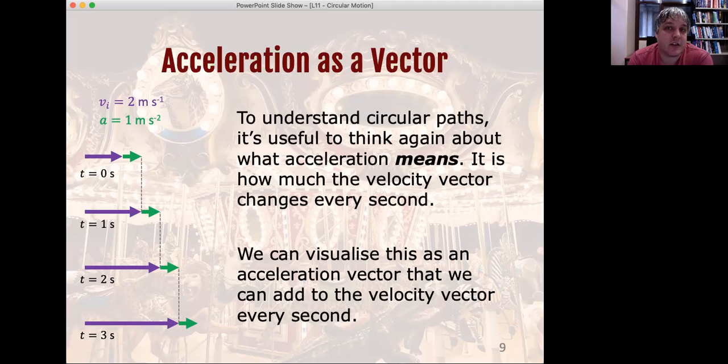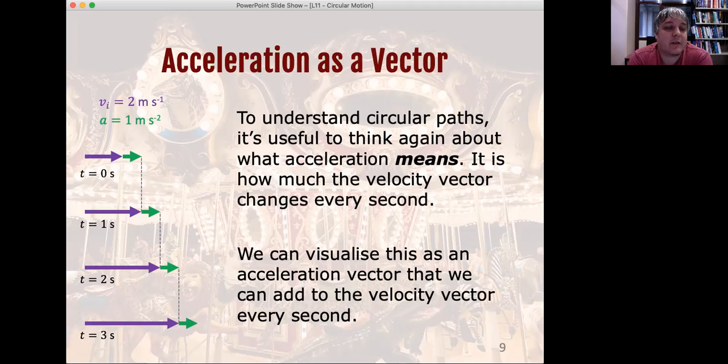And we know that you can just add vectors together by putting one at the end of the other. So here we've got the purple vector on the left, which is our velocity at a certain time. The green vector is our acceleration, and that is constant. We've got a constant acceleration of 1 meter per second, and at time t equals 0, we start with a velocity of 2 meters per second.